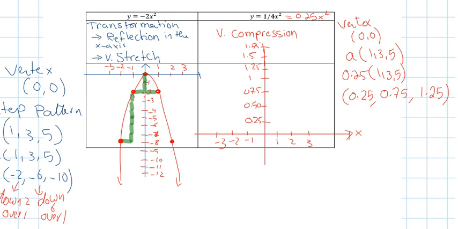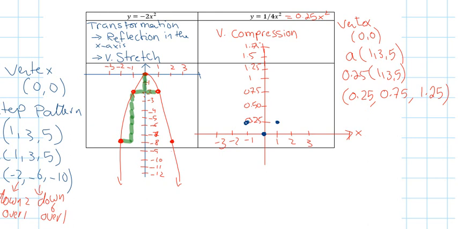Where's my vertex? What am I going to go up by? 0.25 and 1 to both sides, yeah? So next point, how much do I need to go up by? 0.75, right?